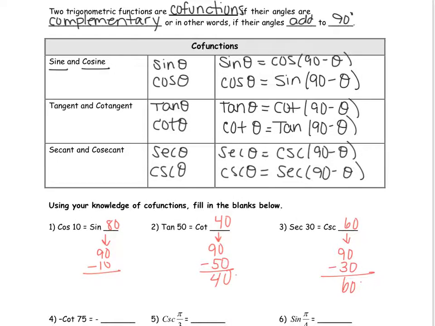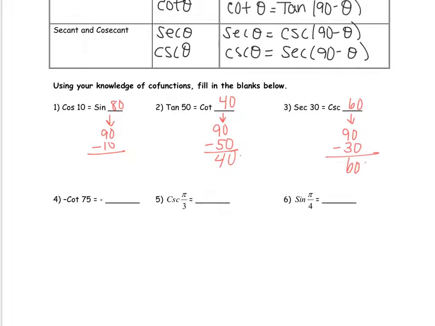Okay, so let's see if we could try 4, 5, and 6. Numbers 4, 5, and 6 don't have the cofunction next to it. So you first have to tell me what is the cofunction for cotangent. You should be saying tangent. What is the cofunction for cosecant? You should be telling me secant. And what is the cofunction for sine?